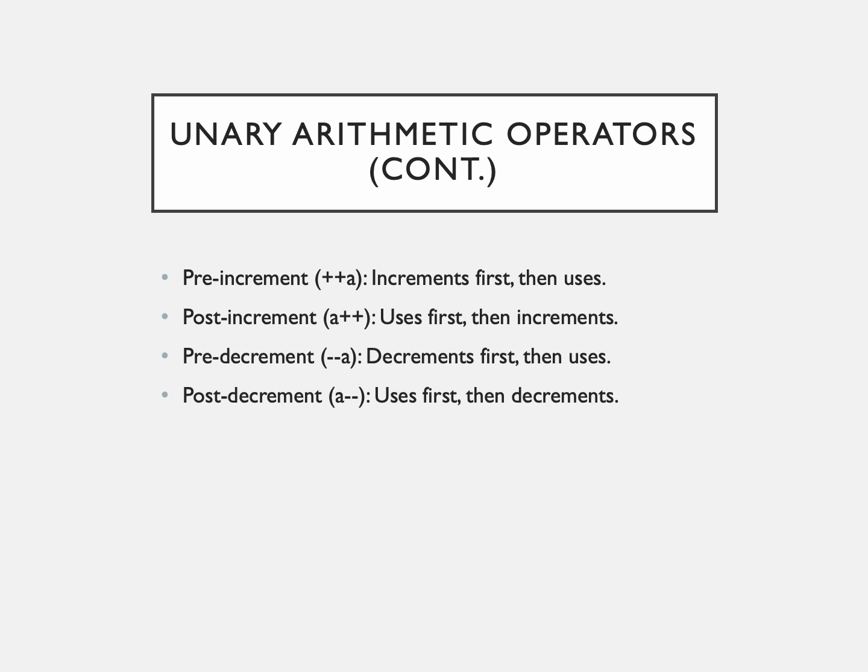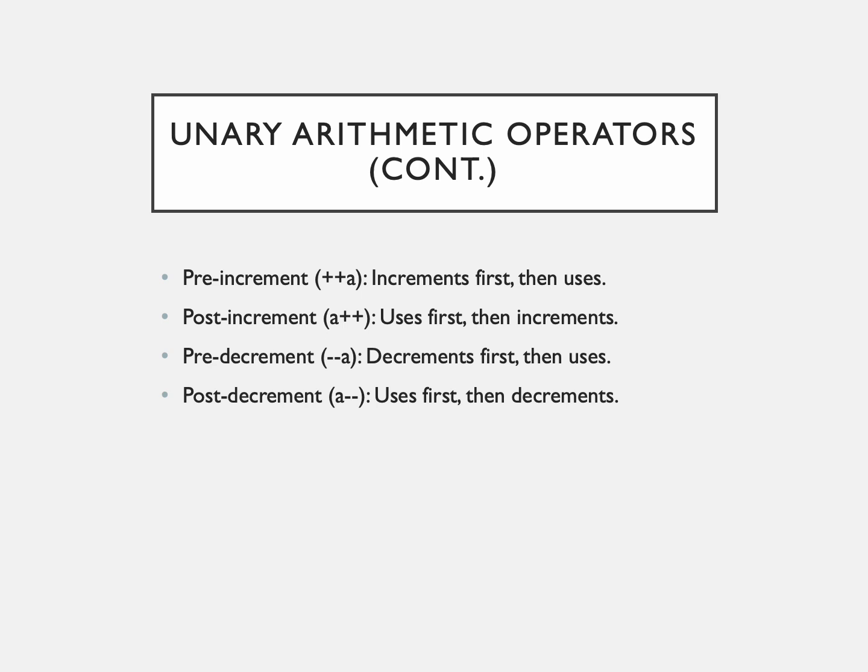Okay, building on our discussion of unary arithmetic operators, let's now focus on increment and decrement operators. These operators are frequently used in loops, counters, and various programming constructs to modify variable values efficiently.